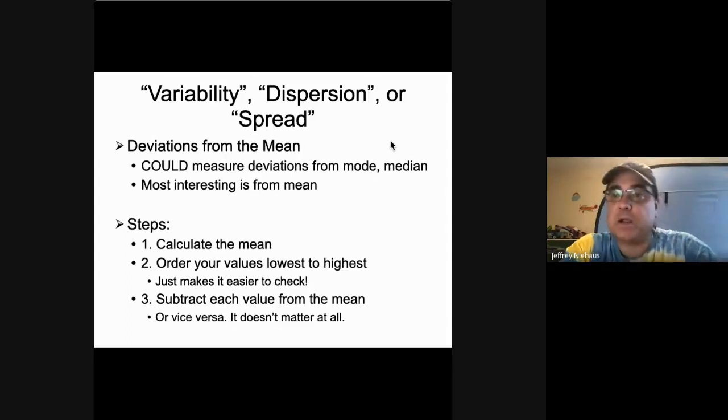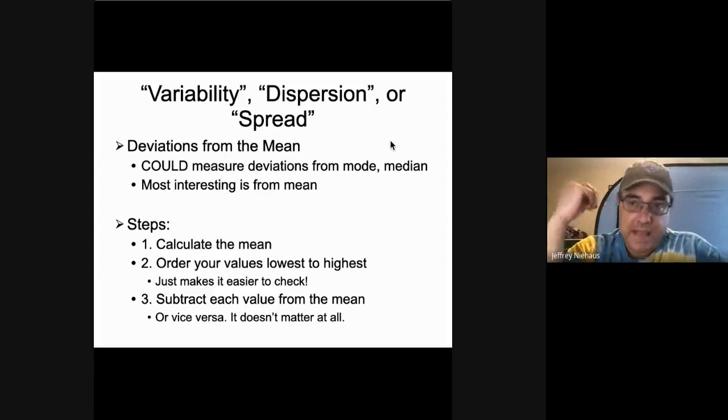So what we're going to do here for the next few slides is tell you how and why we end up with the standard deviation as the most useful expression of dispersion, spread, or variability in a data set. Okay? All right, so we start with the mean. You have to calculate it.